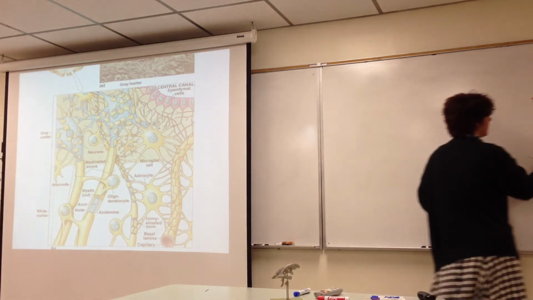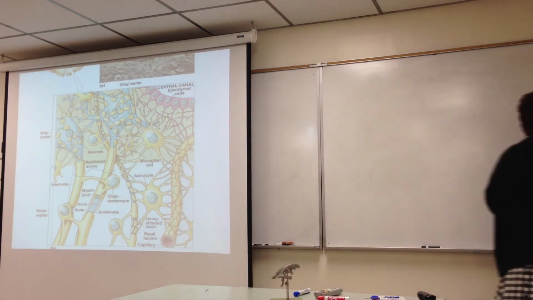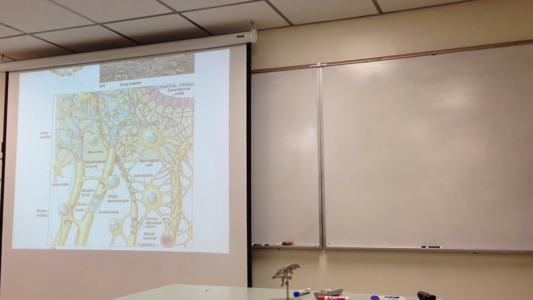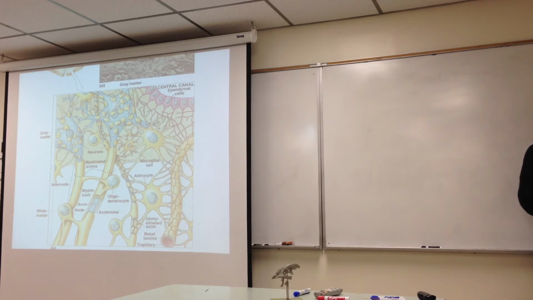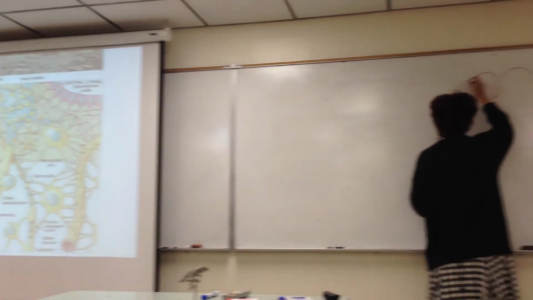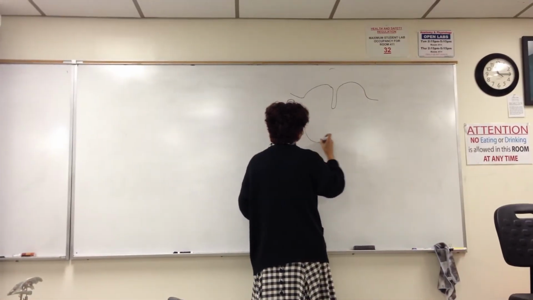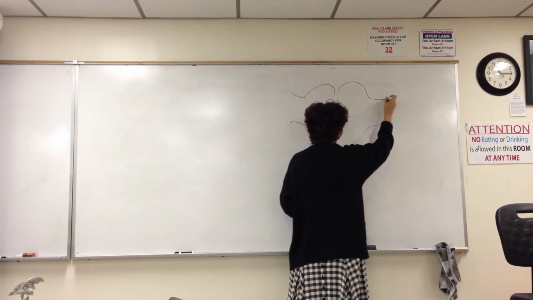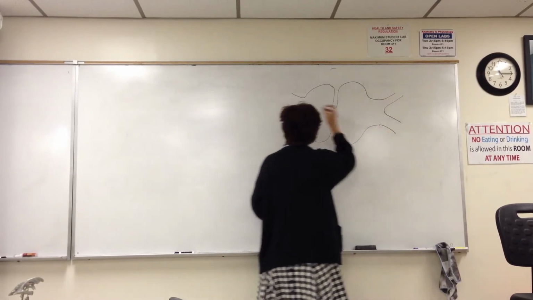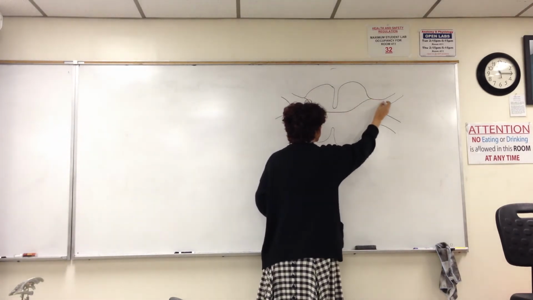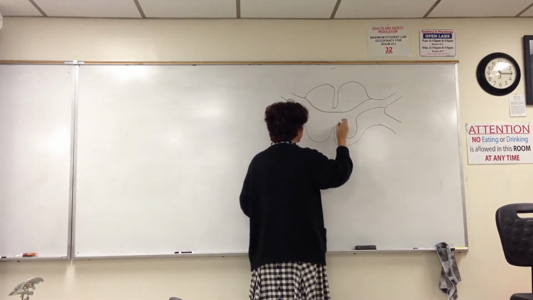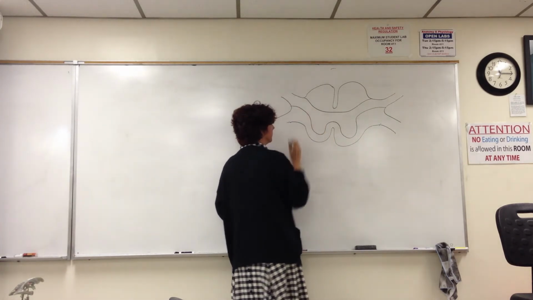So a cross-section of the spinal cord, just to see where this tissue, this diagram is taken from. You don't have to copy this. This is just to illustrate. We'll be talking about the spinal cord later. So this H shape that I'm drawing is gray matter.